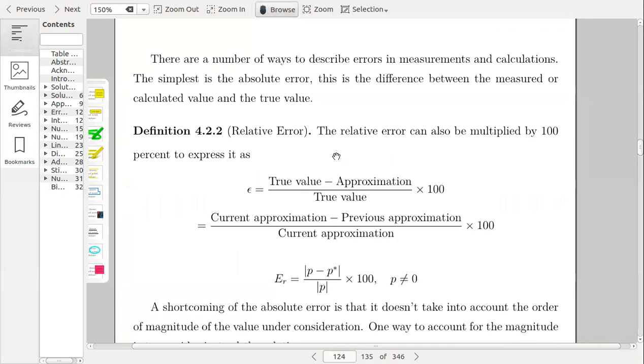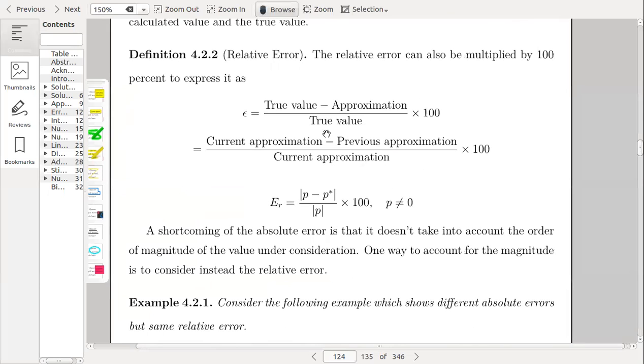Then the relative error. The relative error can also be multiplied by 100% to express it as a percentage. So true value minus approximation over true value multiplied by 100 is called relative error. Or instead of the true value, we can use current approximation minus previous approximation over current approximation multiplied by 100.